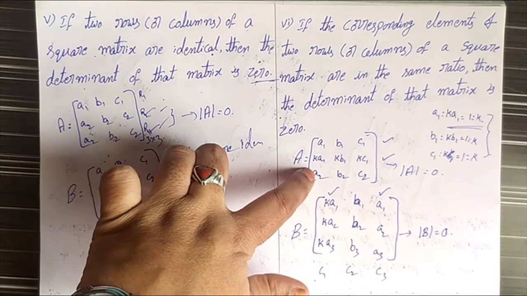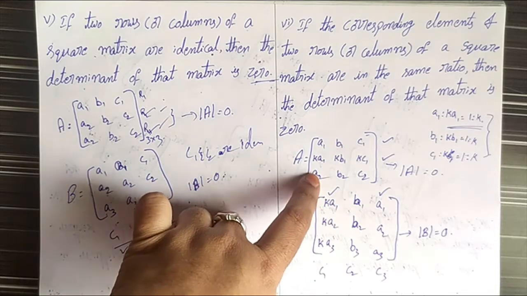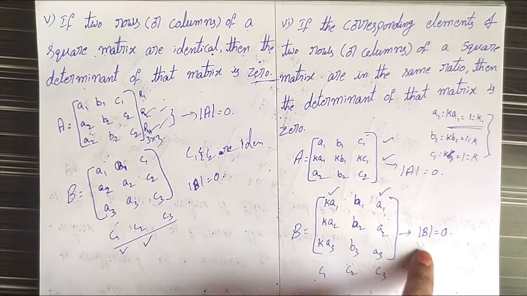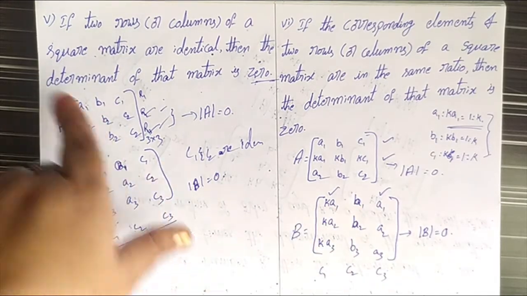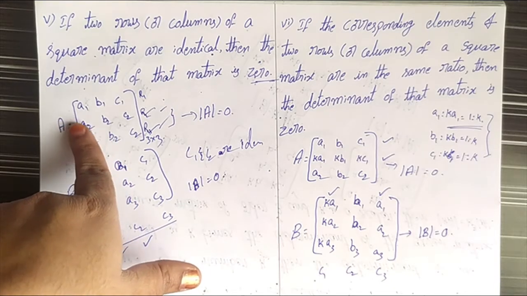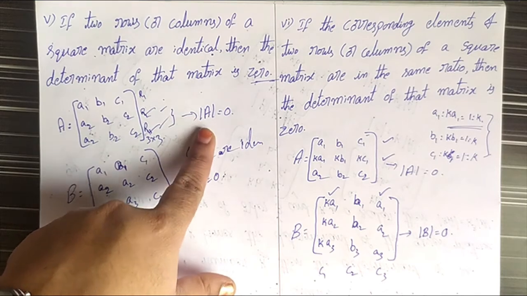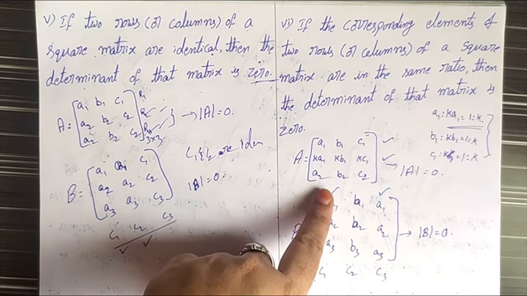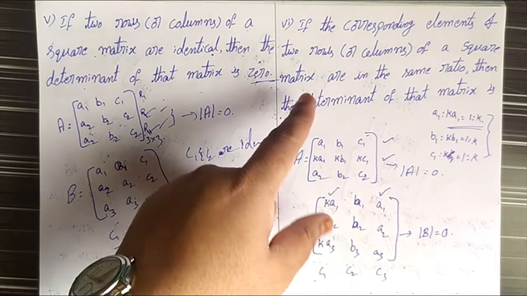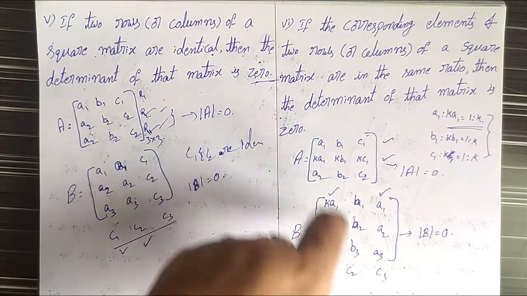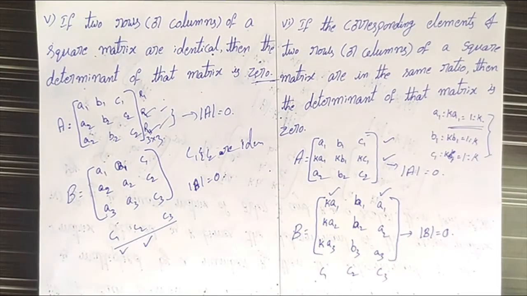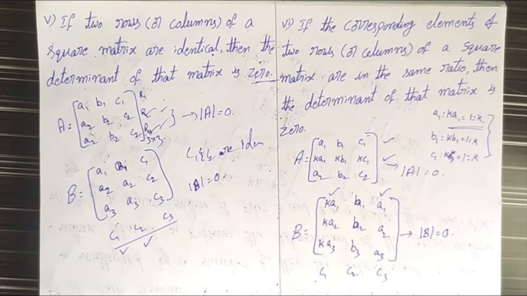If any two columns or any two rows of a given matrix are in the same ratio, then the determinant is also 0. In the fifth property, if any two rows or any two columns of a matrix are identical, then that determinant is 0. In the sixth property, if any two rows or any two columns are in the same ratio, then that determinant value is also equal to 0. This is the sixth property. Next we will go to the seventh property of the determinant.